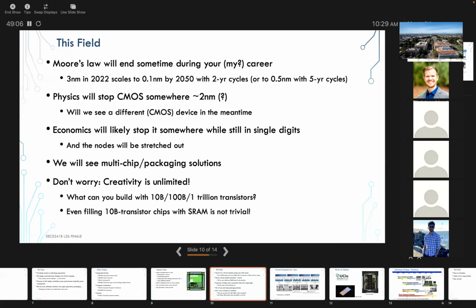What can you build with 10 billion or 100 billion or a trillion transistors? I mean, if you look at SoCs nowadays, we build them, and it's not that easy either. So there is a lot of stuff that you can do.